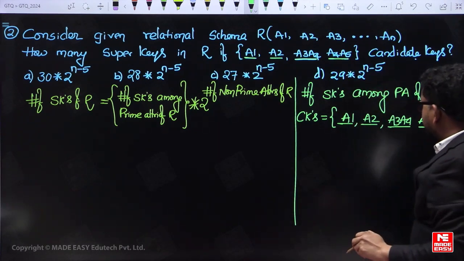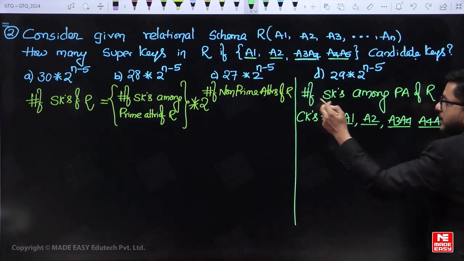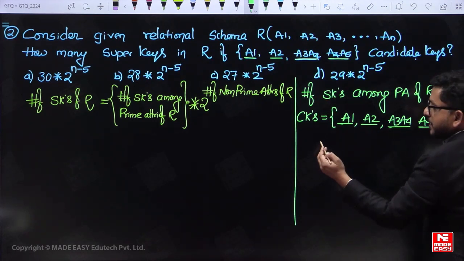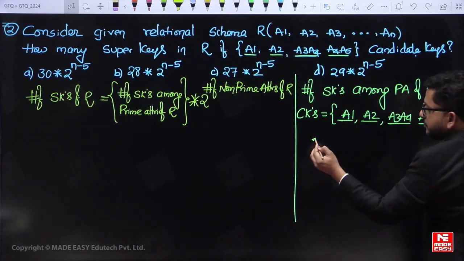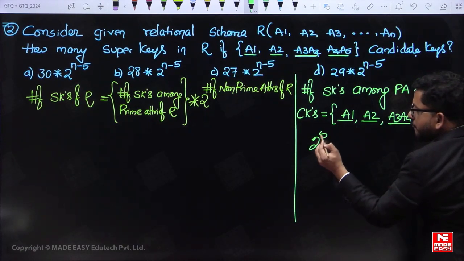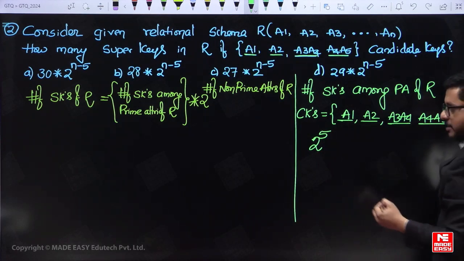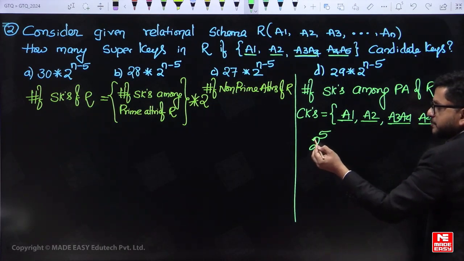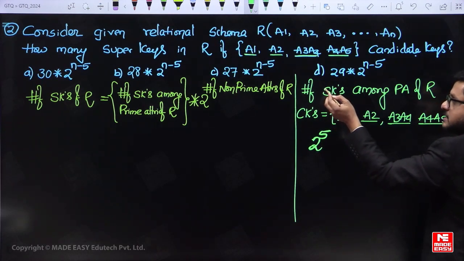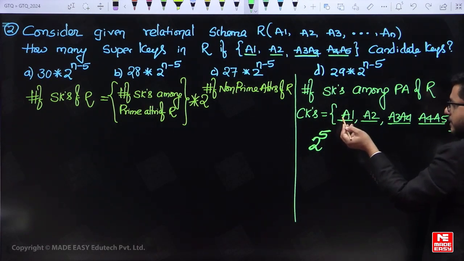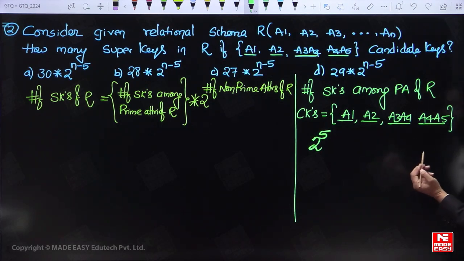Now, to get the total super keys among the prime attributes, 5 attributes are prime attributes, so 2 power 5 subsets. From this, eliminate subsets which are not super keys, because we want super keys among the prime. Not every subset of 5 attributes is a super key.